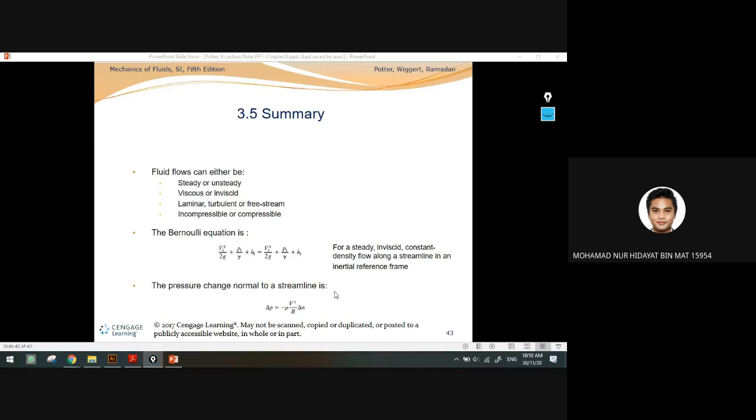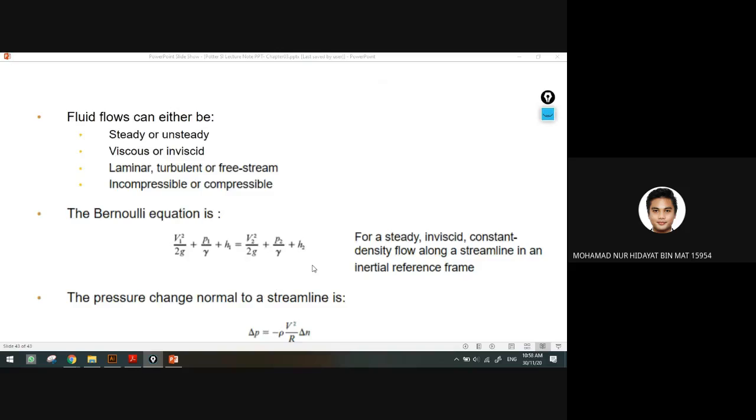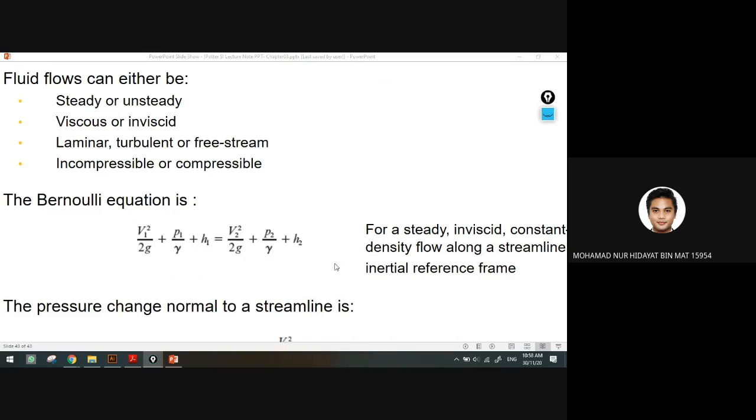We have learned this previously. And the fluid flow can be either steady or unsteady, viscous or inviscid, laminar or turbulent, compressible or incompressible. And last but not least, this is the Bernoulli equation. I think this is very important for you to remember. Velocity squared over 2 is the kinetic energy, which is half mv squared, right?